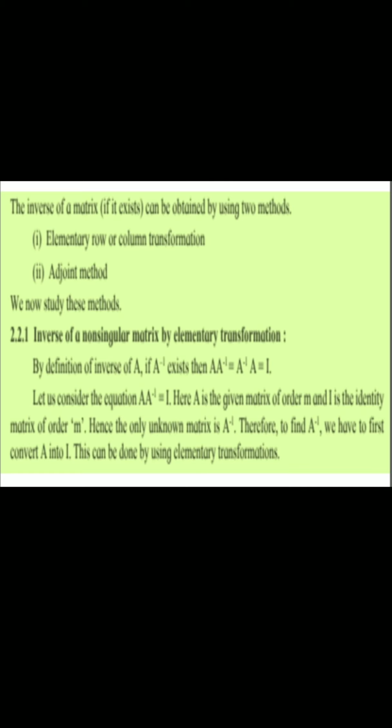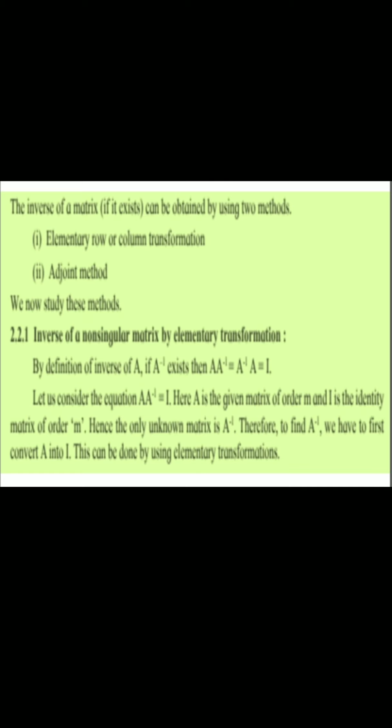In this point, by the definition of inverse of A, if A inverse exists, then A into A inverse is equal to A inverse into A is equal to the identity matrix, that is capital I. Let us consider the equation A into A inverse is equal to I, the identity matrix.